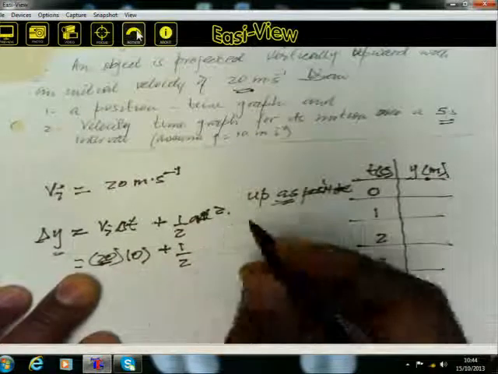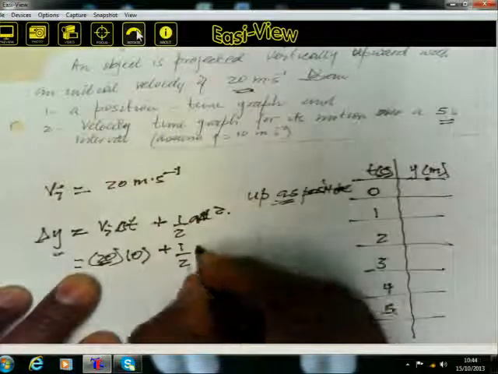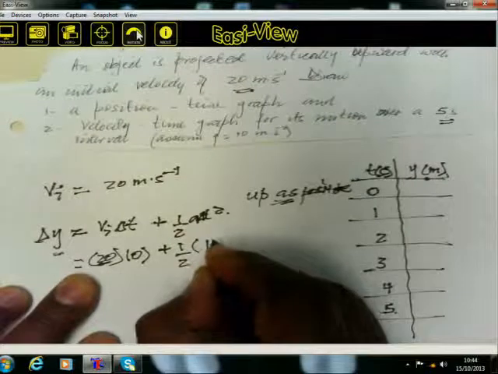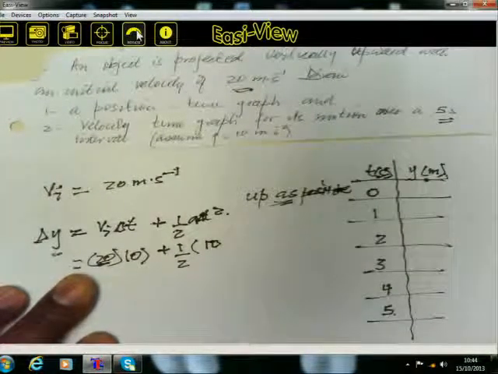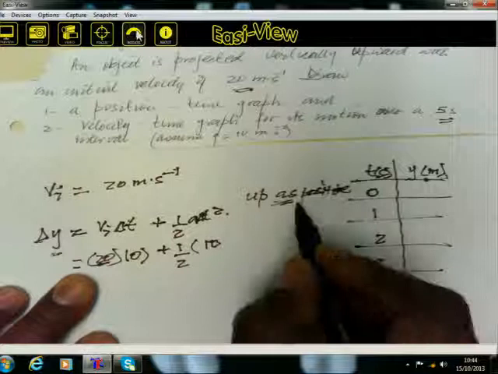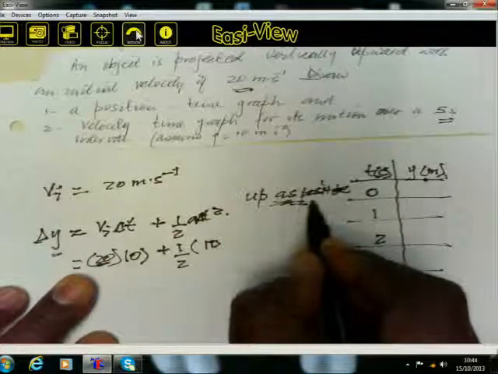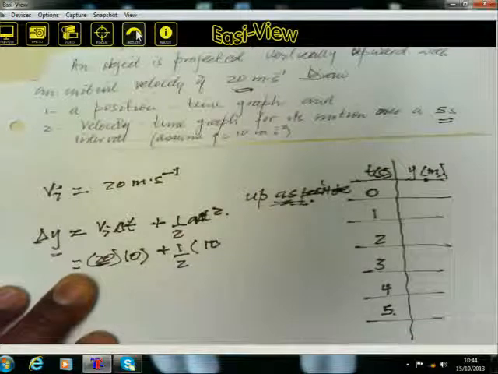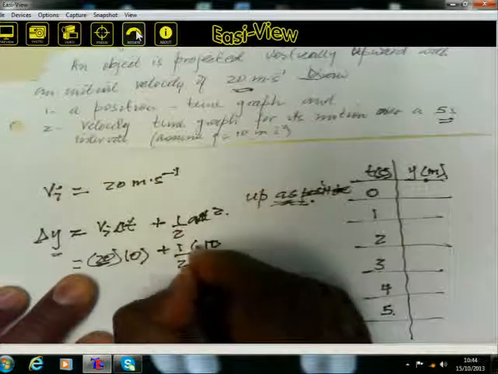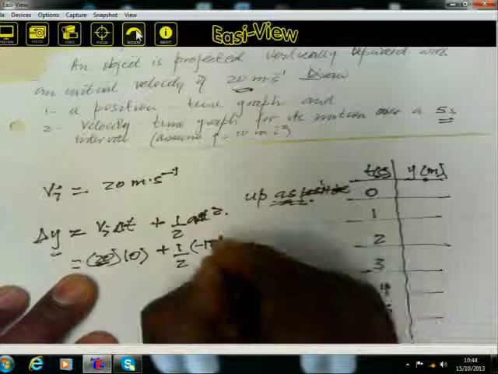We are multiplying by t, which is equal to 0, plus half of our acceleration. In this case, we have said it is going to be 10, but let us remember that when an object goes up, the acceleration due to gravity is always downwards. So since our direction up is positive, the acceleration is working in the direction opposite to that, which is going to be -10.